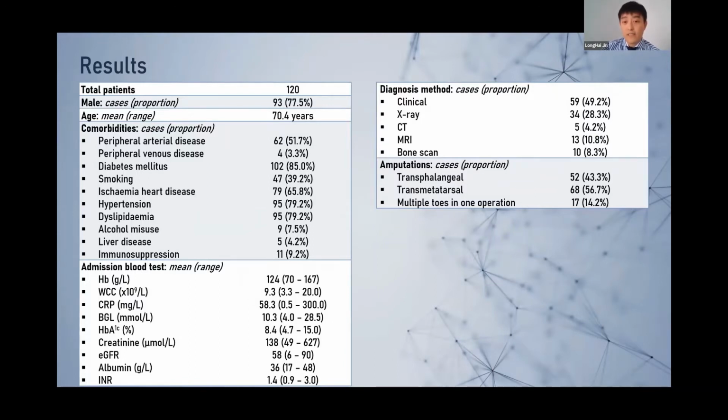About 3 in 4 patients had their diagnosis made either on clinical assessment or X-ray imaging. 52 patients required transphalangeal amputations, and 68 required transmetatarsal amputations. 17 patients actually had multiple digits amputated in the same operation.